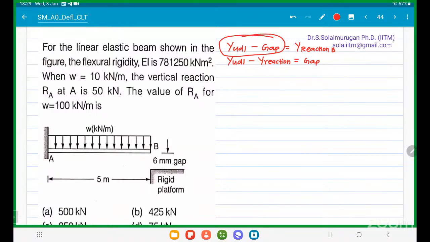Meaning is very important. Disturbed degrees of freedom, sir. Correct, this is the disturbed deflection. This is indicating the disturbed deflection.